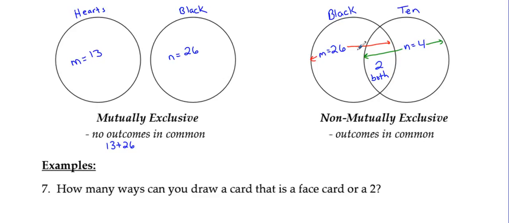They got counted as black cards. They also got counted as 10s. They don't get to be counted twice. So that's why you're taking the number of black cards plus the number of tens, and you're subtracting the number that are both black and tens because they're not allowed to be counted twice, and that gives you a total of 28.